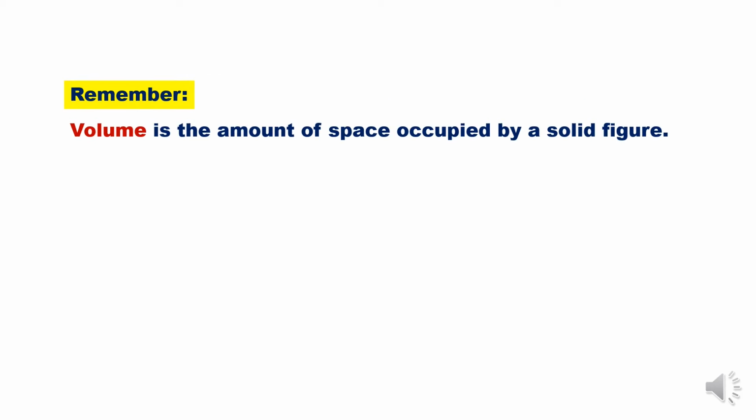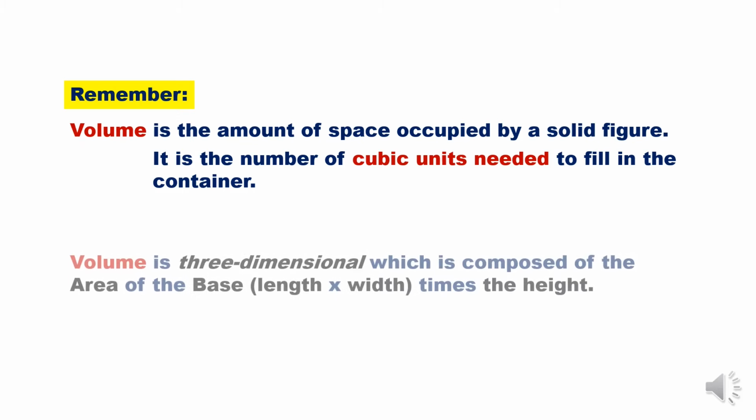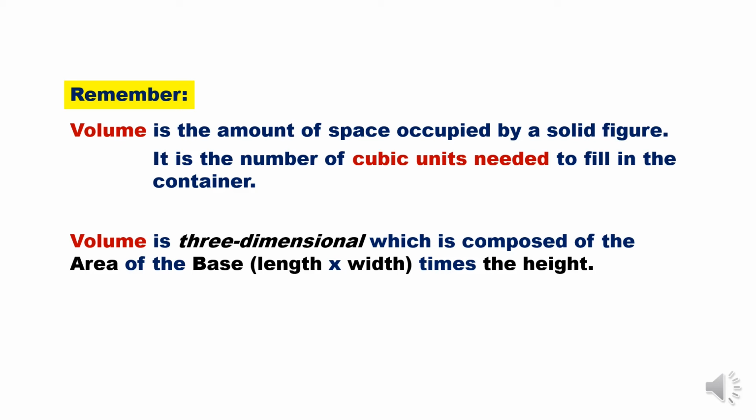Remember, volume is the amount of space occupied by a solid figure. It is the number of cubic units needed to fill in the container. Volume is three-dimensional, which is composed of the area of the base or length times width times the height.